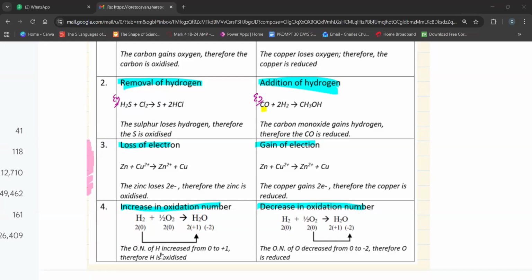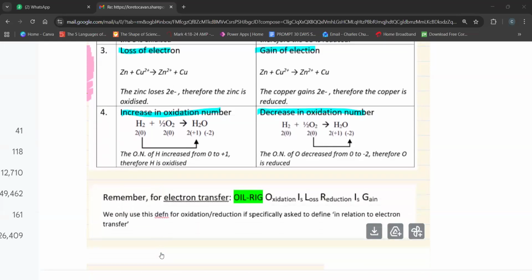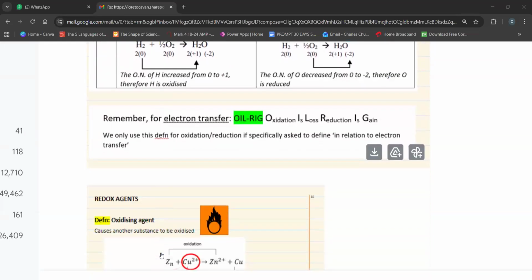Copper gains. Loss is oxidation. Gain is reduction.